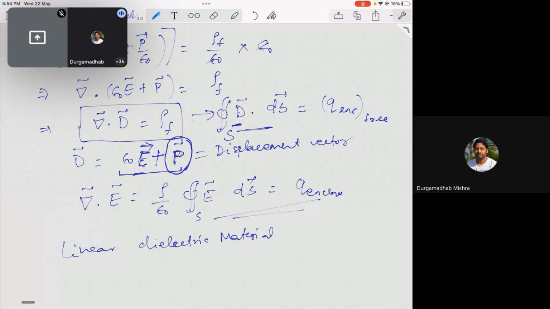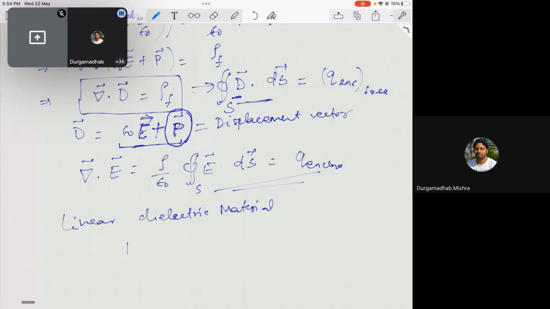there is a linear relation between polarization and electric field. We said the polarization will be equal to the susceptibility times the permittivity times the electric field.